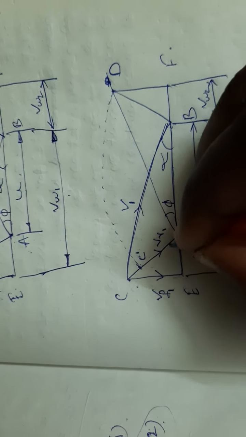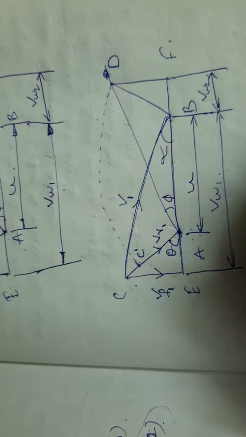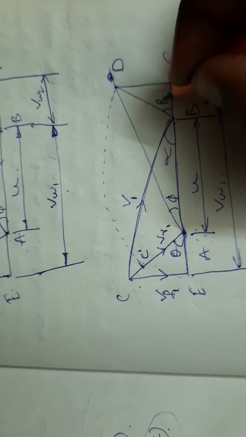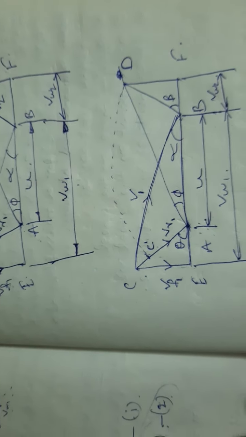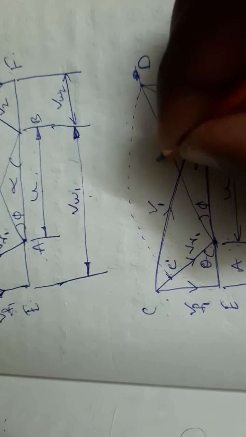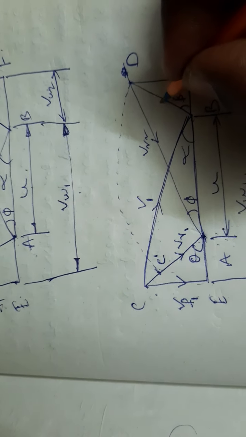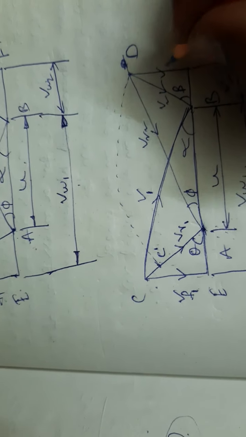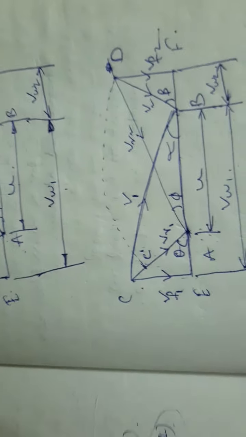Now this is theta, the blade inlet angle. Now it is beta, the jet outlet angle. So here we have V2, VF2.